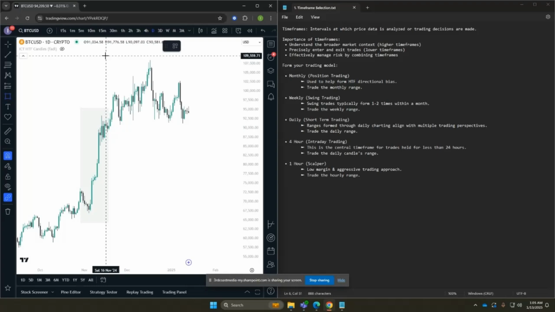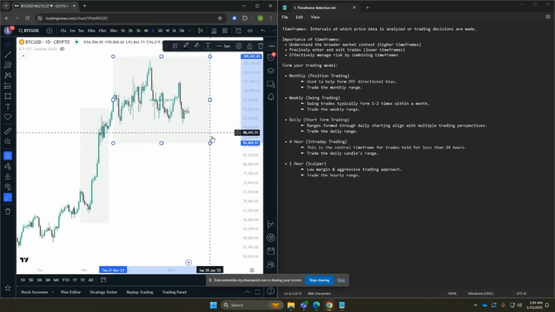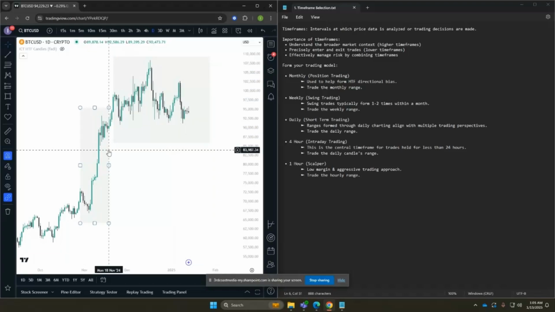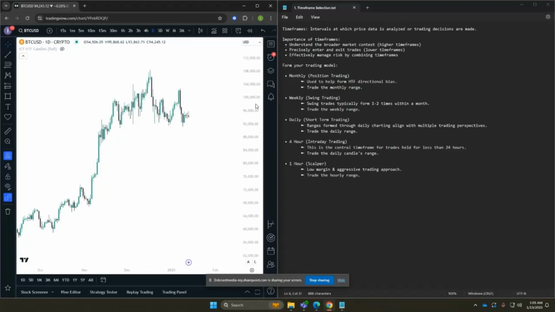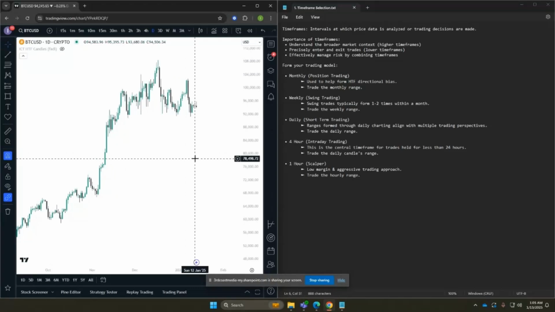Just looking at the way the market is set up, you can see it's been a little bit more bouncy, let's just say. Of course, we'll go into more detail later on and discuss specific ways to sort out the structure of the market.